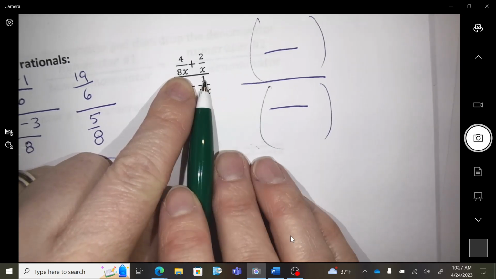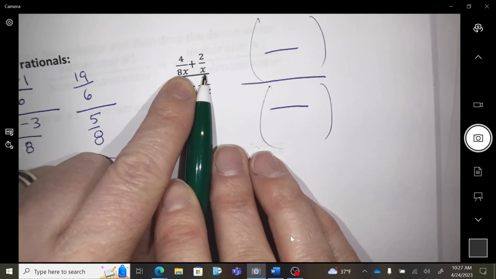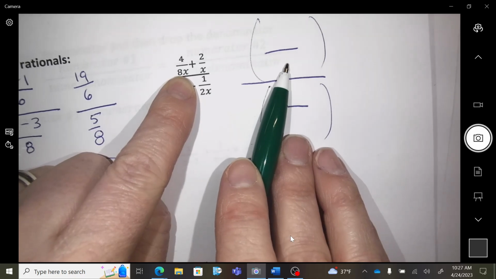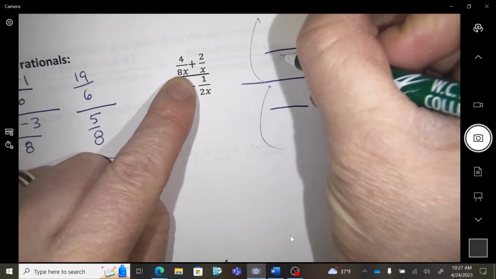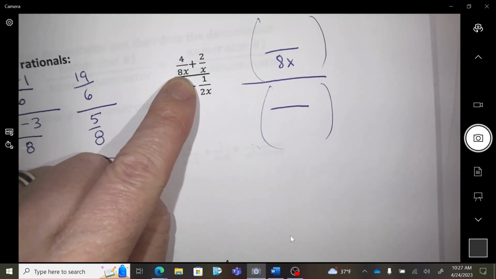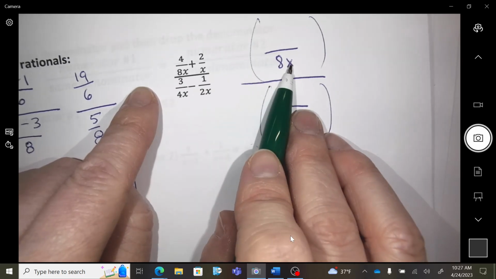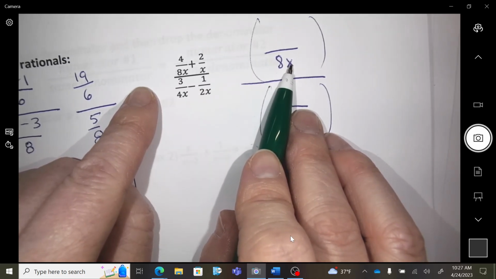What can I pick that they both would fit into? 8x and an x. I need to pick out a denominator. Does 8x fit into 8x? Does x fit into 8x? Yes.